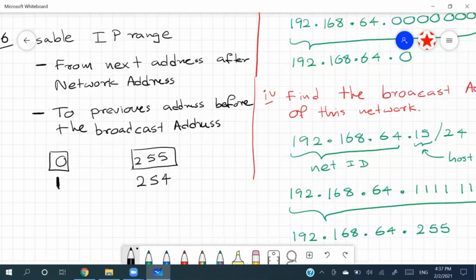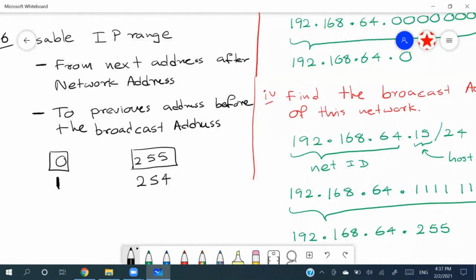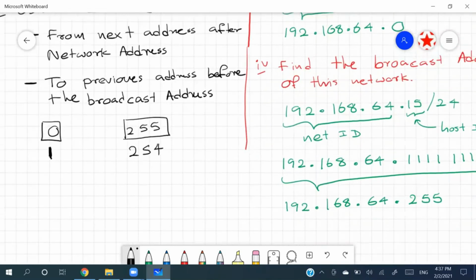So we can say the usable IP range is 192.168.64.1 to 192.168.64.254. Did you understand what I said?